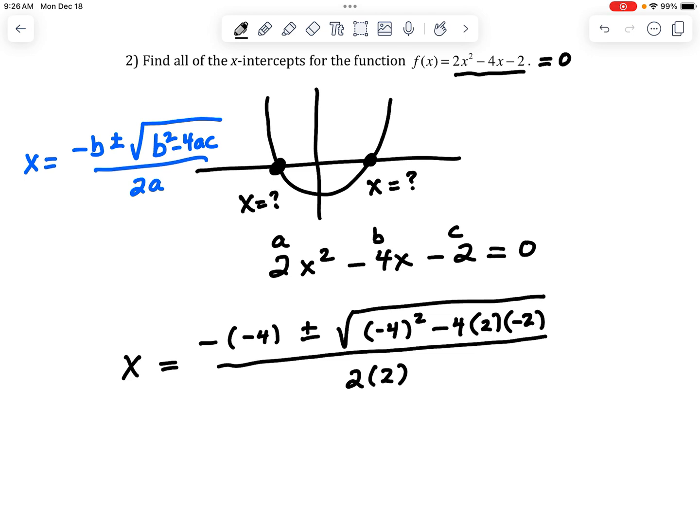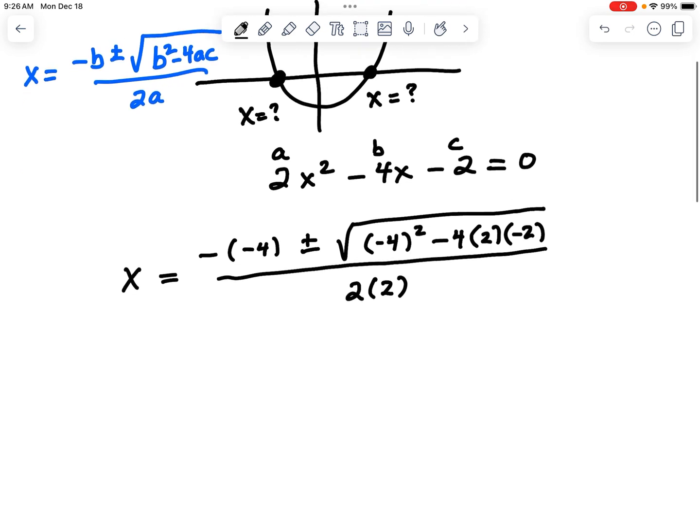And you could just go and put this in the calculator right now, or you could clean it up a little bit. For example, this would be negative times negative, so that's positive 4. And then inside the square root, negative 4 times negative 4 is positive 16.